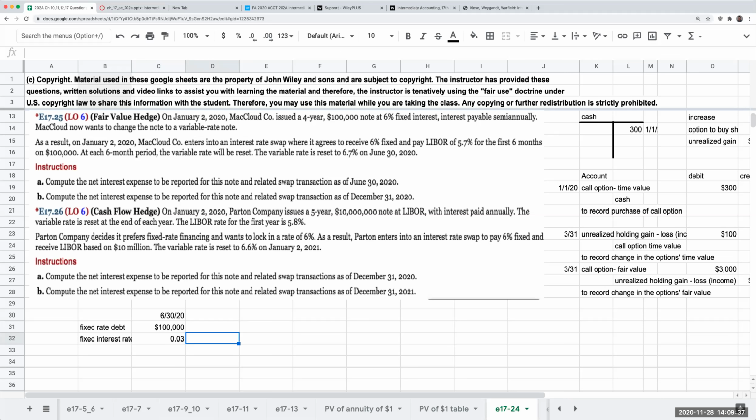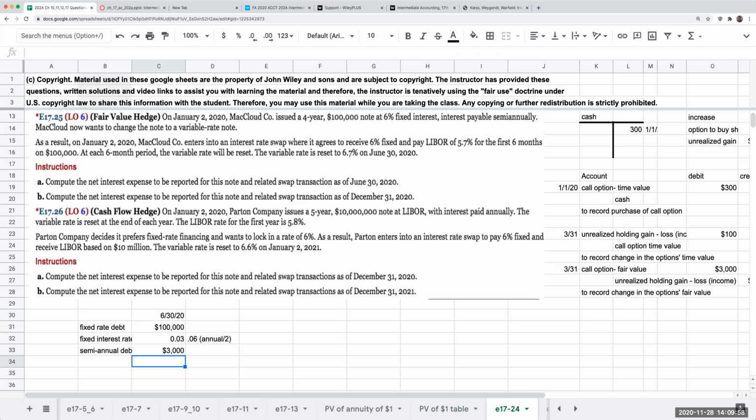Why is it 3%? Whenever you see an interest rate, it is always going to be an annual rate, and this is to basically convert it to make it semi-annual. So over here, semi-annual debt payment is going to be $3,000.